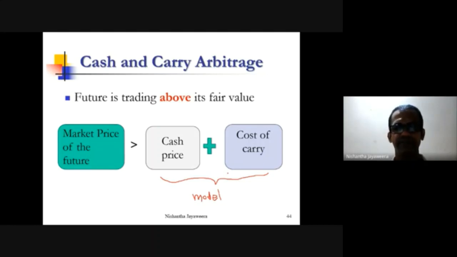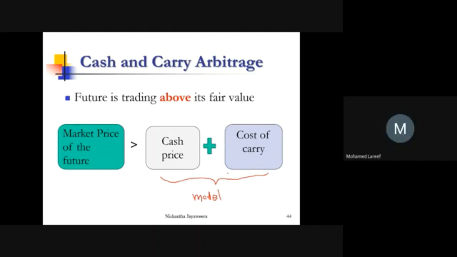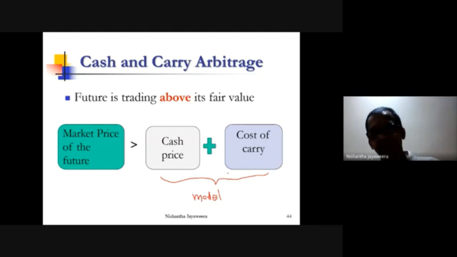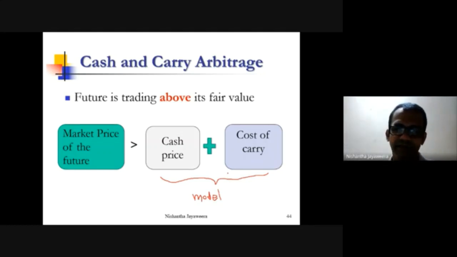What do you do? Sell the futures, sir. Because the price of that futures contract is high in the market, so it's expensive. Okay, the first step is to sell the futures.